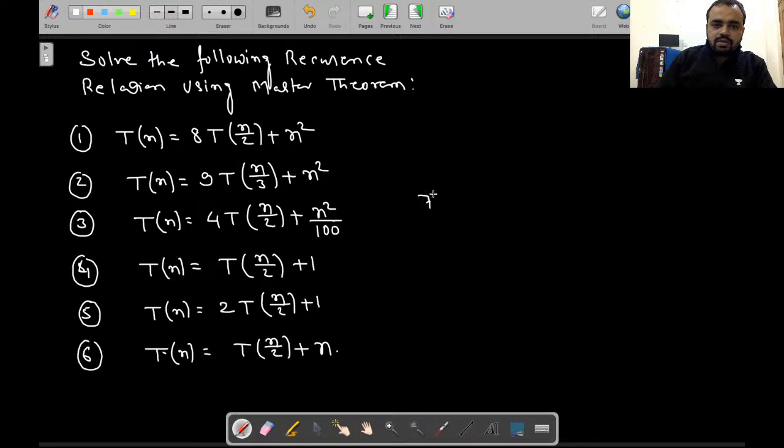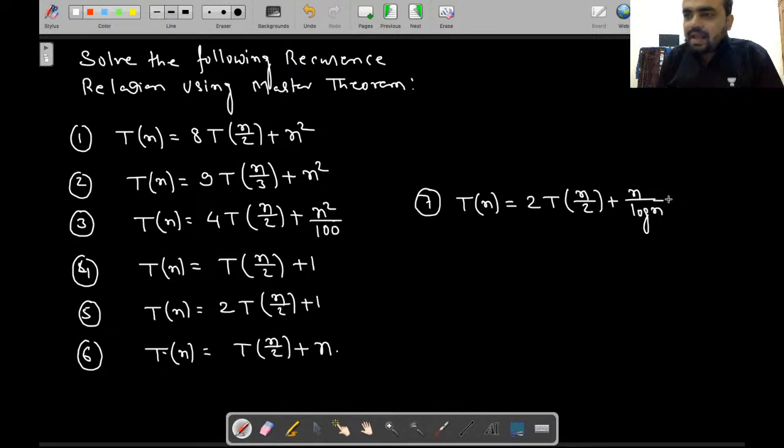The last one, that is the seventh one, is given as T of n is equal to 2T of n by 2 plus n by log of n. Okay, so these are the recurrence relations which I have given to you.